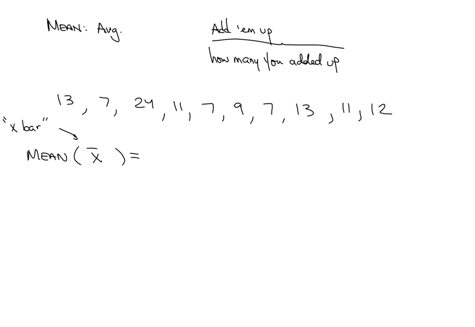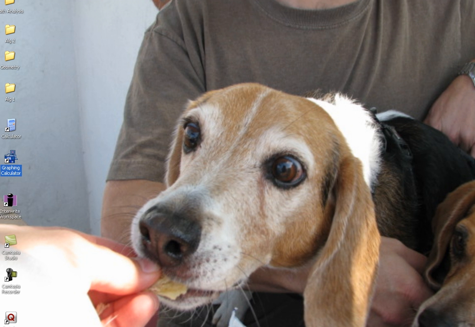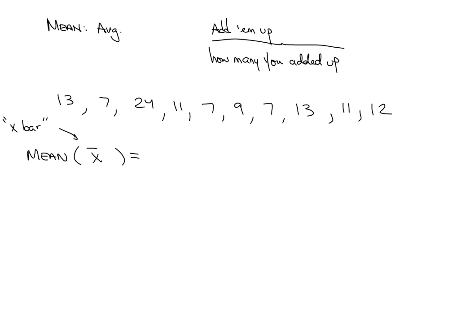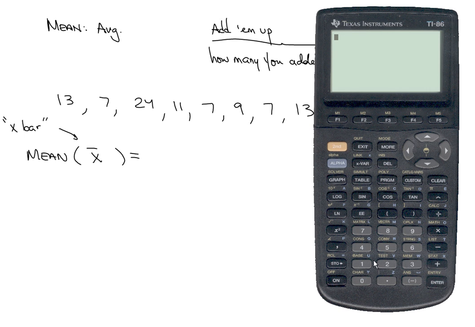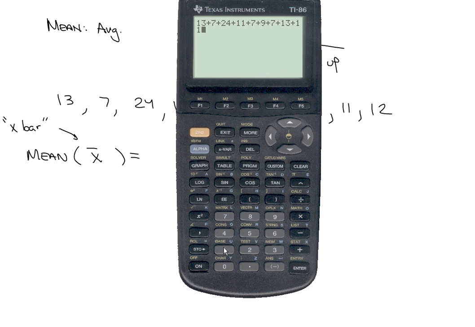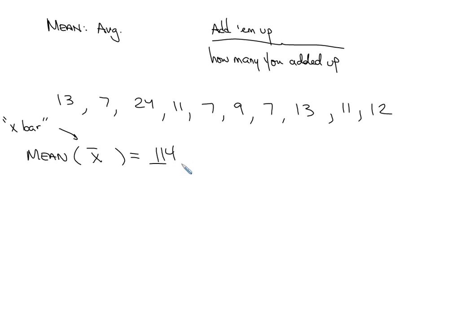So what we do is we add these all up. I'm going to take my calculator out. We have 13 plus 7 plus 24 plus 11 plus 7 plus 9 plus 7 plus 13 plus 11 plus 12 is going to be equal to 114, divided by 10 numbers gives us 11.4.